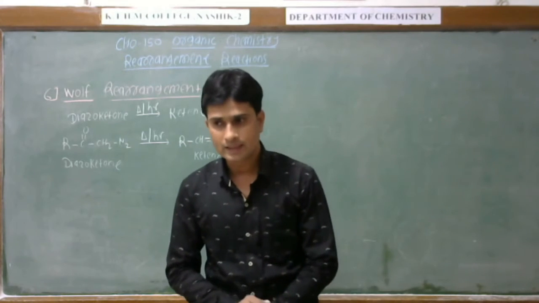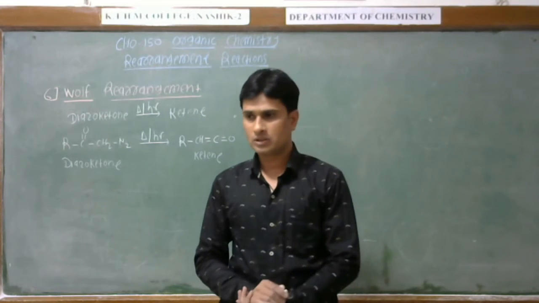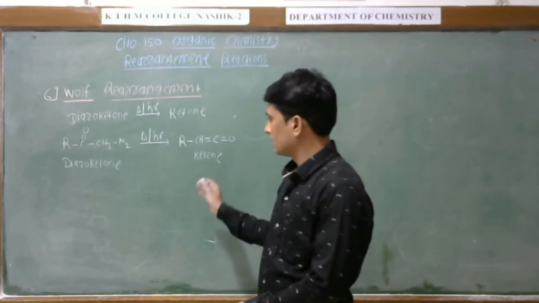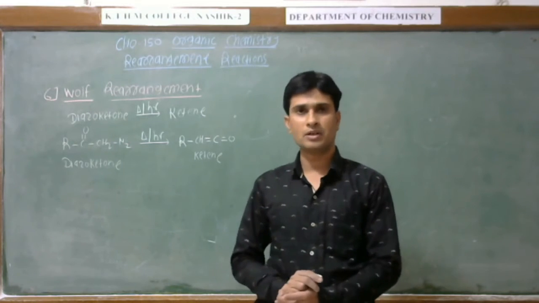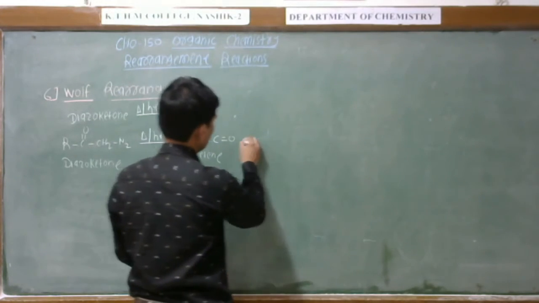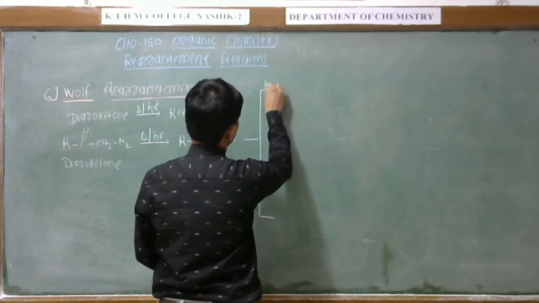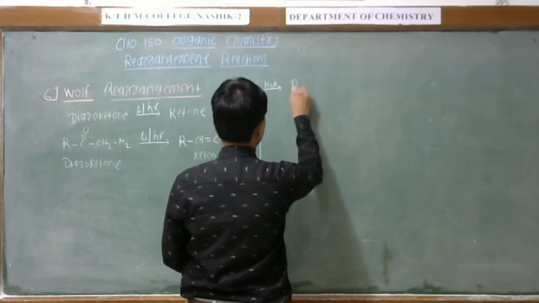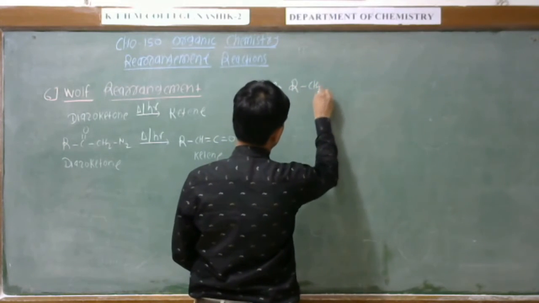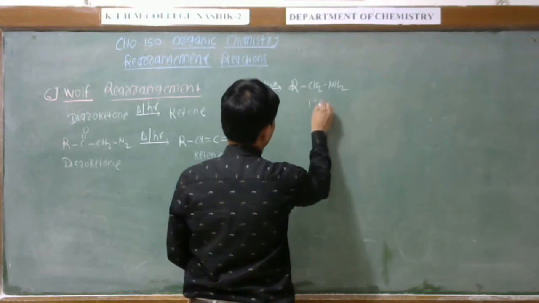Now this ketene, when it reacts with different types of compounds, gives different products. When this ketene reacts with water, it gives the acid, RCH2COOH.